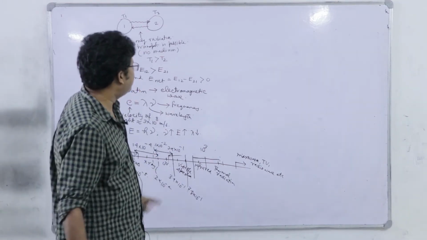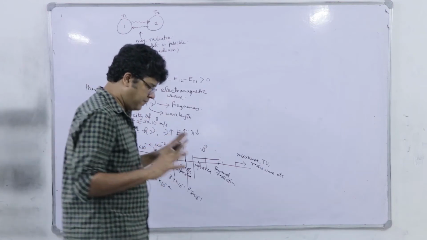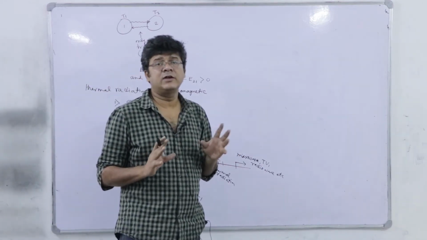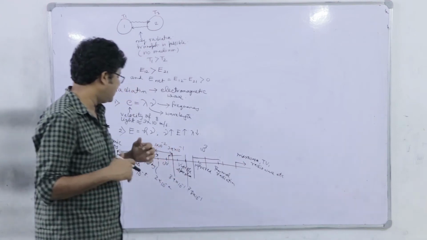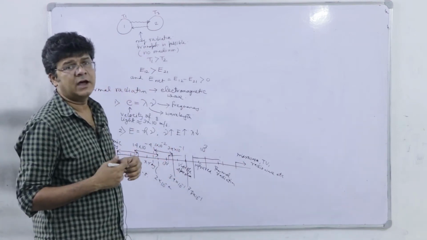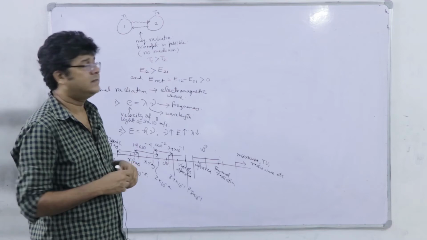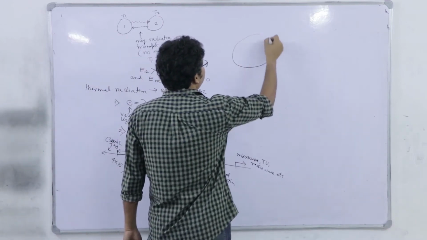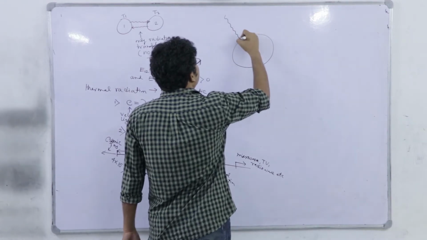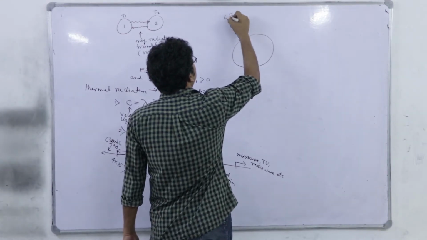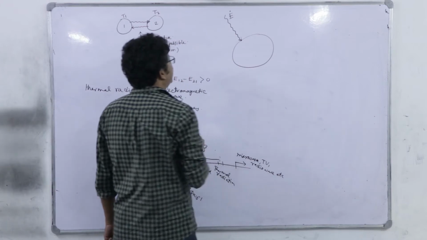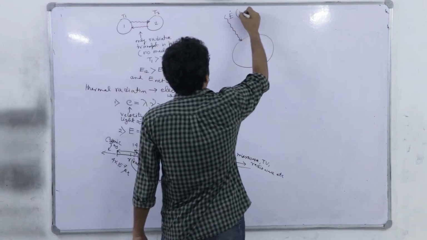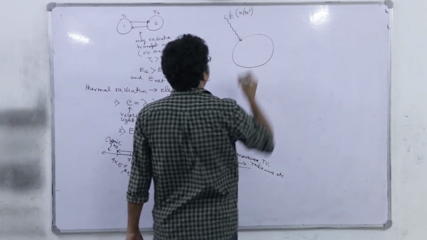So, before going into the radiation, we have to understand how a body will respond when it is receiving some incident radiation. Like if this is the object, it is receiving some incident radiation flux E dot, in watt per meter square.